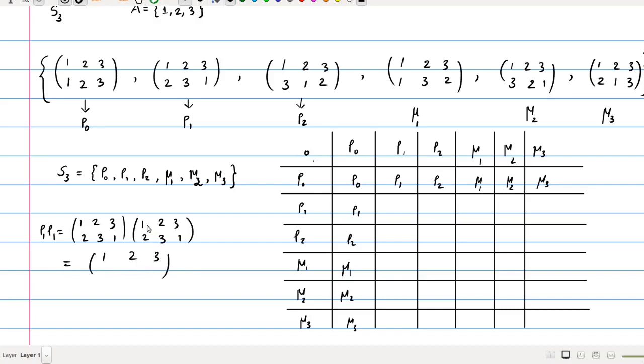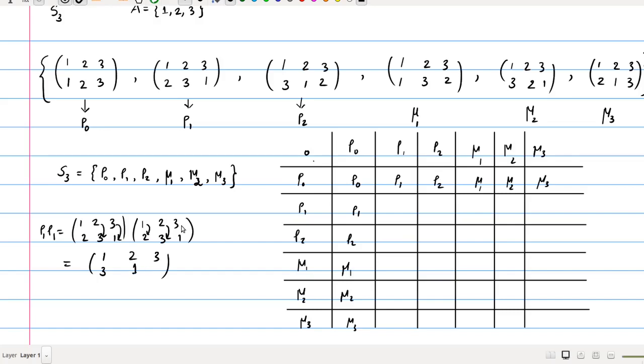The image of 1: 1 goes to 2 in the first, and 2 goes to 3 in the second, so ultimately 1 goes to 3. For 2: 2 goes to 3, and 3 goes to 1, so the image of 2 is 1.